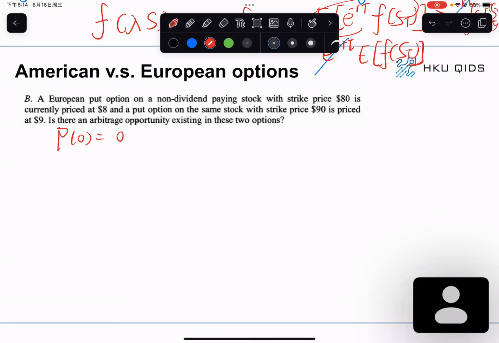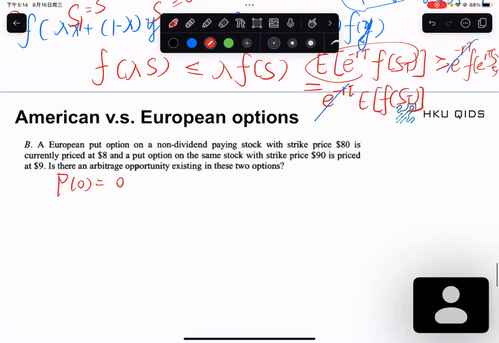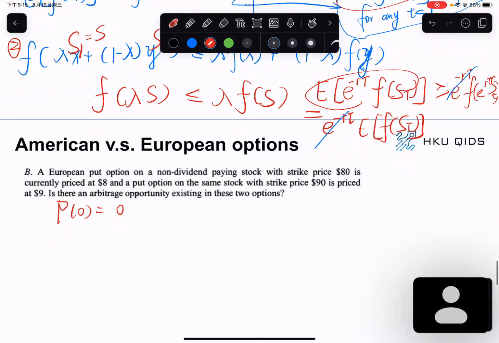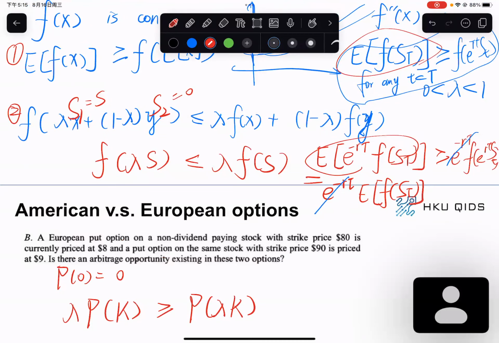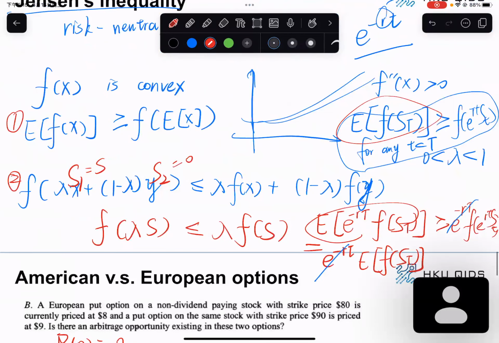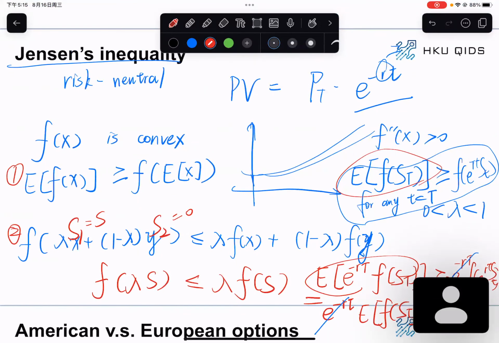And then we know it's a convex function, so we can have λP(K) larger than or equal to P(λK), since the payoff of an option is always a convex thing, okay?